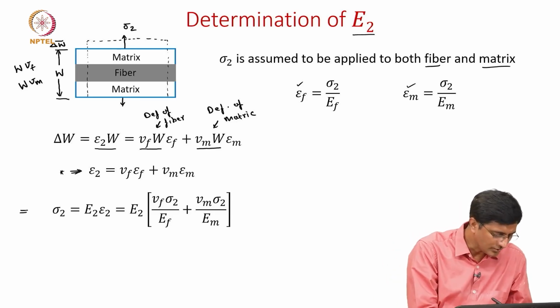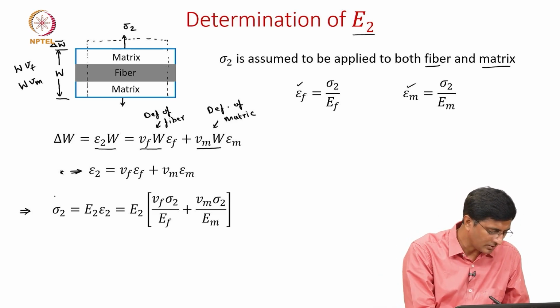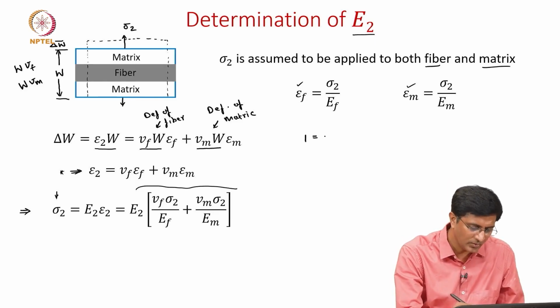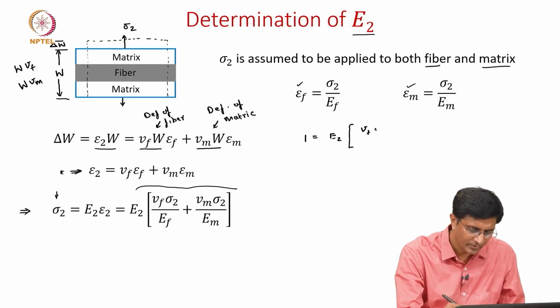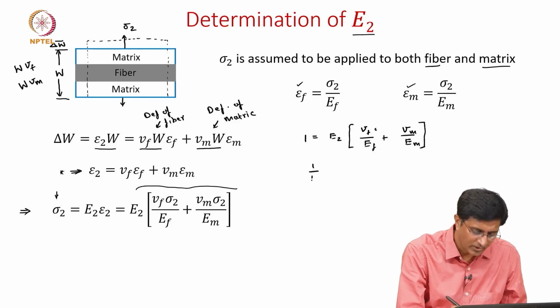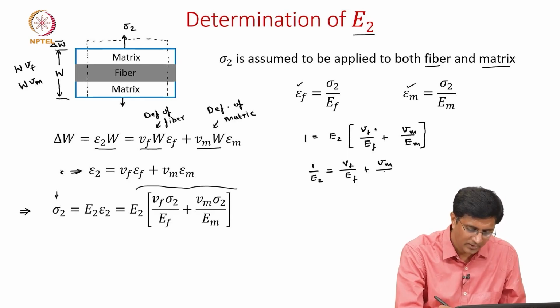Once we focus on this equation and consider the first term and the entire last term, we notice that sigma 2 is common in every term. Once we remove it, we can write it as 1 equals E2 times Vf by Ef plus Vm by Em. Or in other words, we can write it as 1 by E2 is equal to Vf by Ef plus Vm by Em.